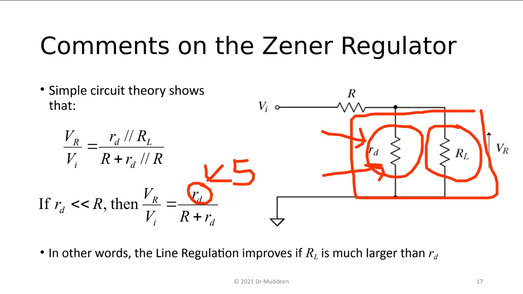So if the diode's on resistance is 100 ohms for argument's sake, then your load probably has to be somewhere in the region of 1,000 ohms or 5,000 ohms, something considerably more. And that's just electronic design. This is where the whole thing about loading comes in.